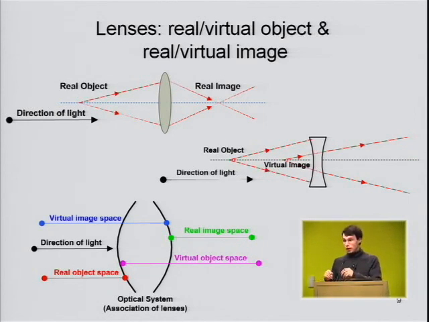And actually, all this emerging beam of light seems to come from a point which is on the same side as my object, so on the left side of the lens in this case. This point is called the image, but because it doesn't have any physical existence, we'll call it a virtual image.